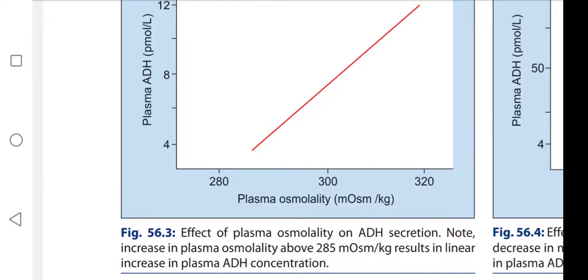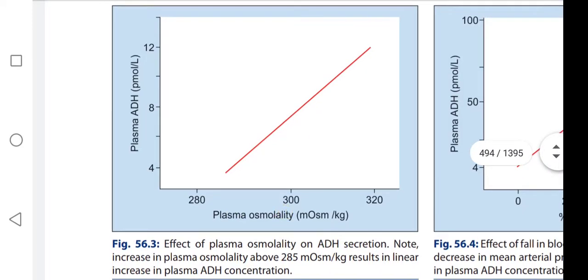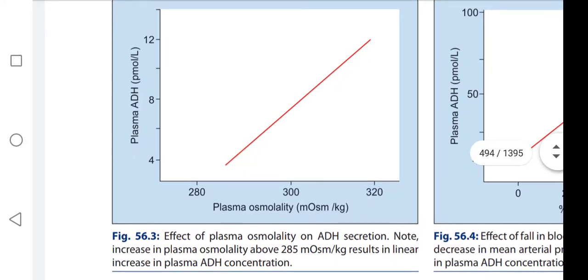The effect of plasma osmolality on antidiuretic hormone secretion: an increase in plasma osmolality above 285 milliosmolality per kg results in a linear increase in plasma antidiuretic hormone secretion. If the plasma osmolality rises above 285, it is proportionate to the increase in plasma antidiuretic hormone.